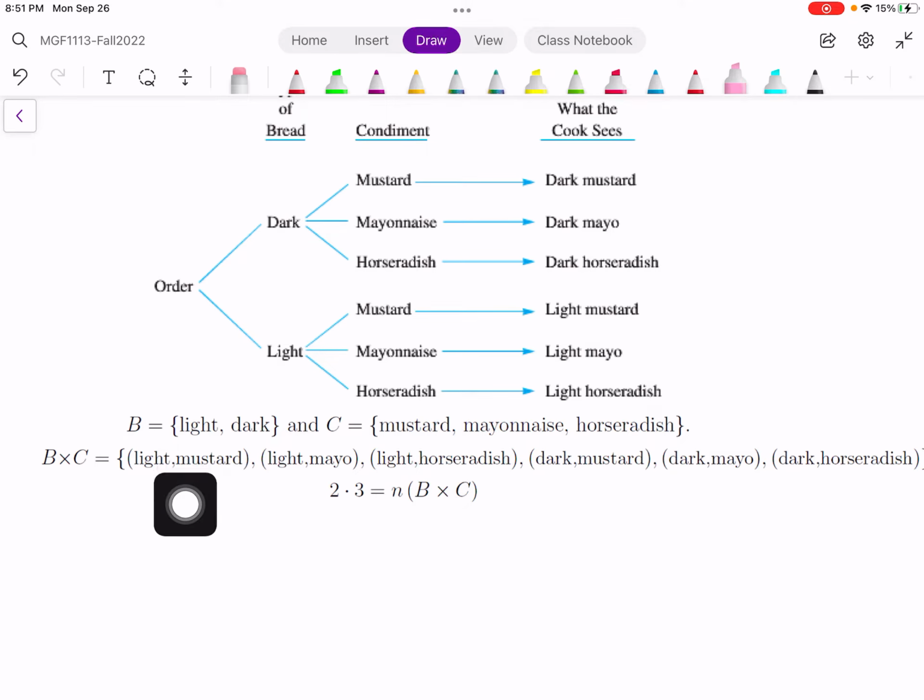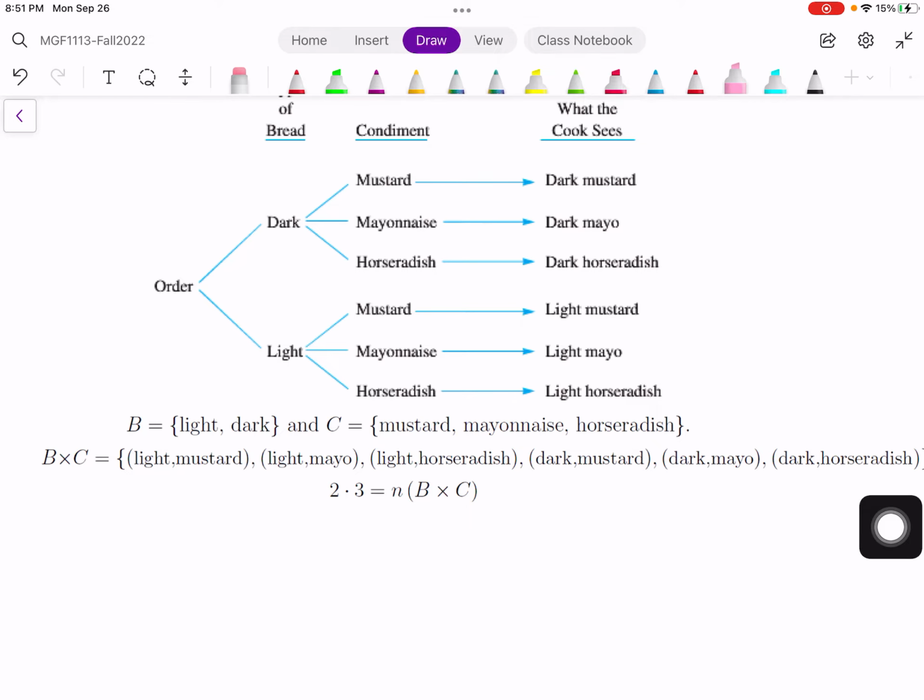So now let's pair them. You can have light bread with mustard, so we have this ordered pair, light mustard. You can have light with mayo, light with horseradish, and then dark with mustard, dark with mayo, or dark with horseradish.